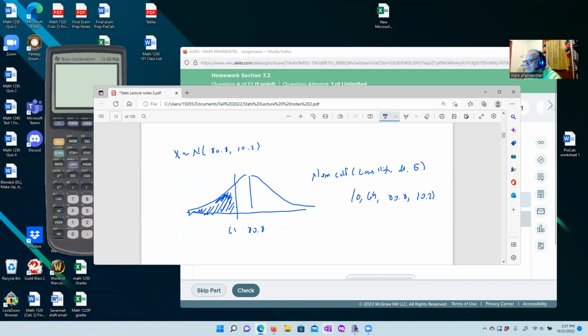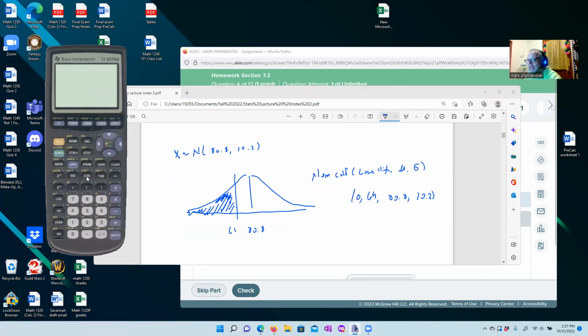That's what we're going to type into the calculator. So we're going to go back here. Second function, distribution, normalcdf.